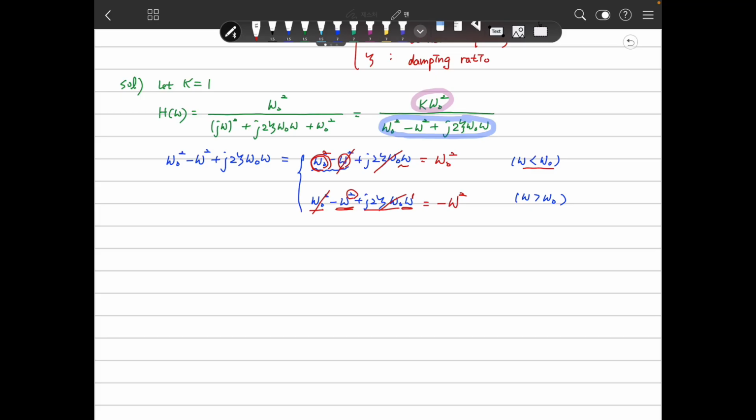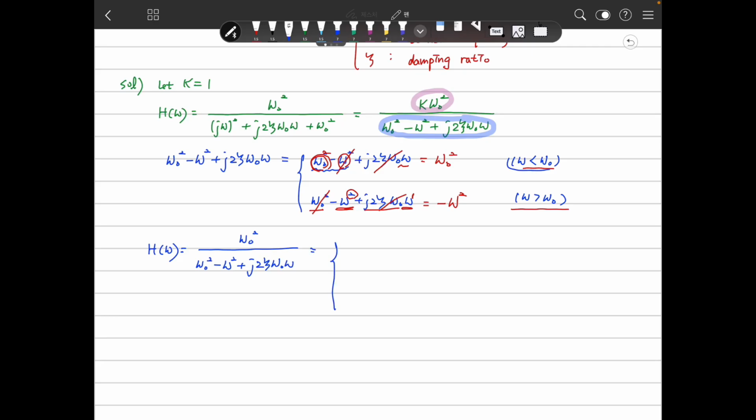So at this point, H of omega is omega 0 square over omega 0 square minus omega square plus j2 zeta omega 0 omega.